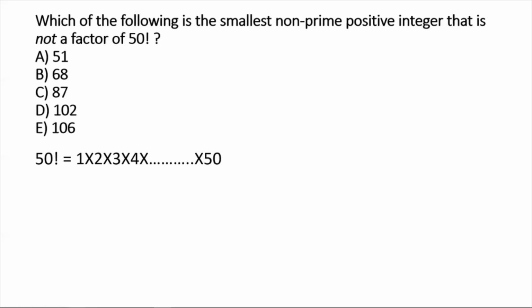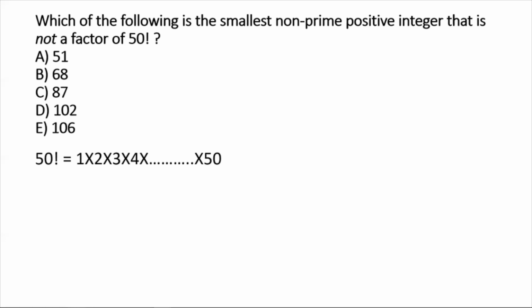Because when you are looking at all of these options, the best approach to decide whether or not a given option is a factor of factorial 50 is to break each of these options into its constituent prime factors. As you know, each non-prime integer can be broken up into its constituent prime factors, and all of these options are non-prime.